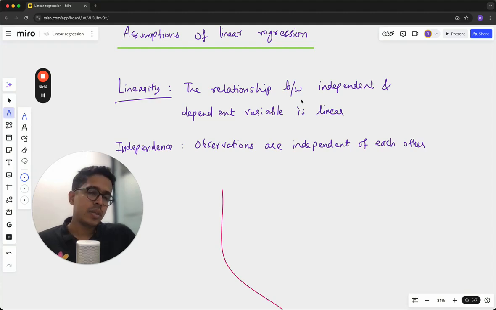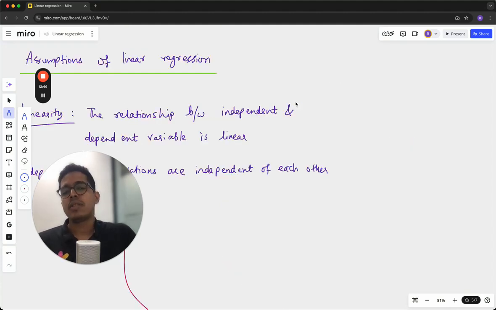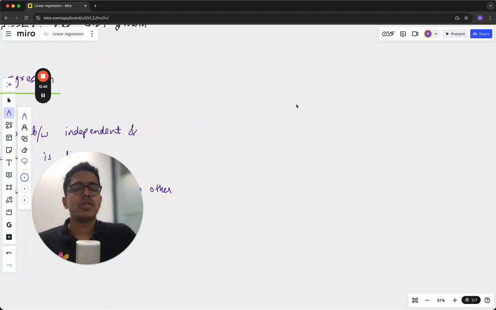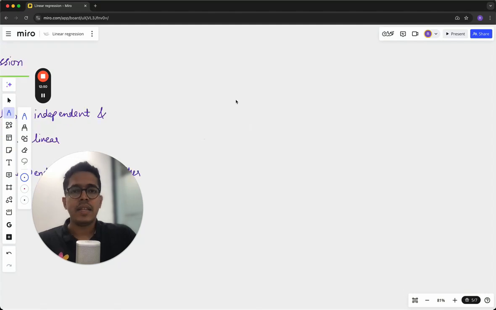So how do we know this prior to even making the model? In many cases, we will know this only after making a prediction, where we see that there is a group of data points diverging so much from the linear prediction that you are making. Sometimes you can also calculate the R-square value. R-square value will tell you how closely the data points are fitting with the straight line.